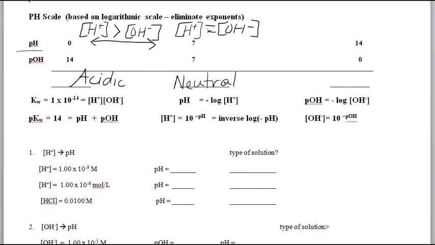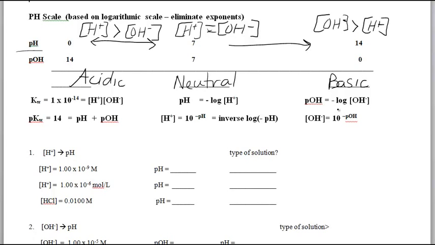7 is neutral. So what happens if you get above 7? What happens is the opposite. You have more hydroxide in there than hydrogen. So if you have more hydroxide than hydrogen, you're having more coming from the base, so we say it's basic.